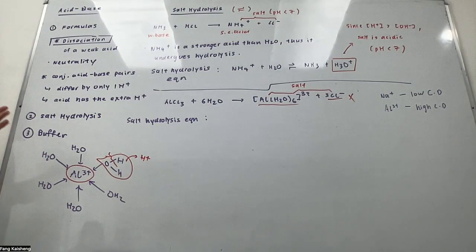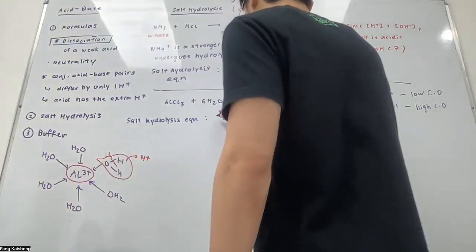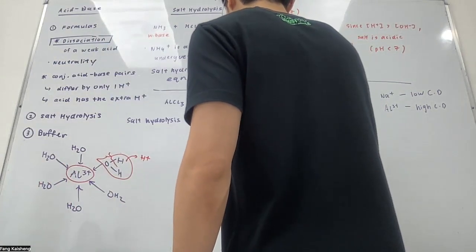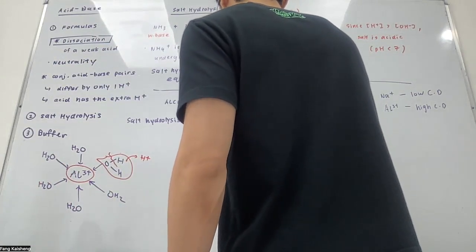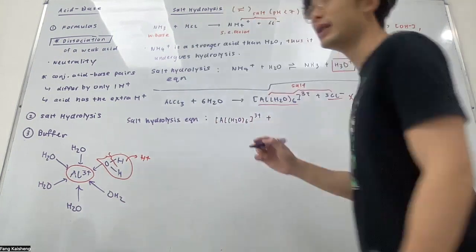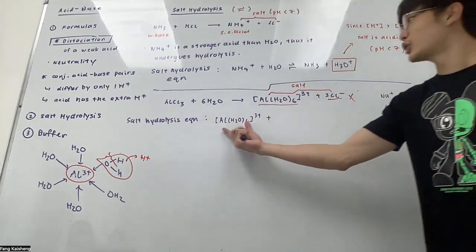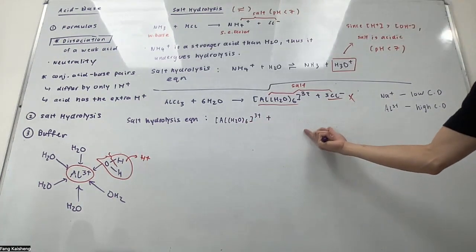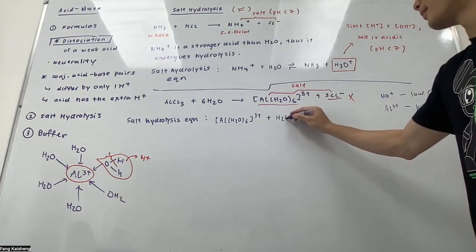Okay, so this is how the polarization process works. I'll write down the explanation one more time, but I need you all to come up with an equation first. As you can see, Al surrounded by 6 water molecules must react with what? The salt must react with water, correct?